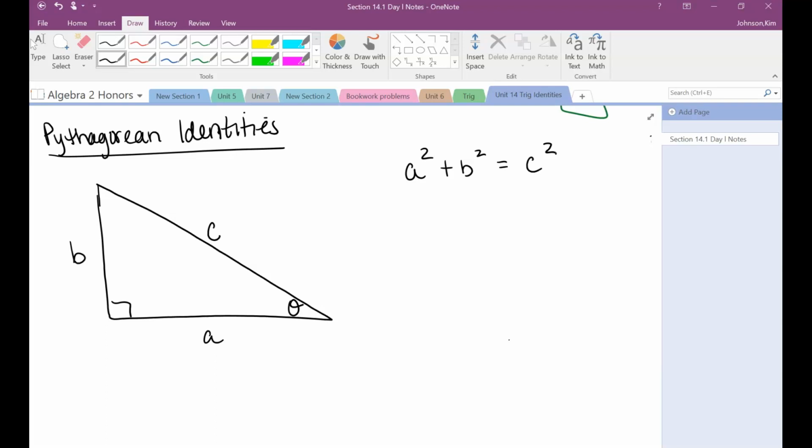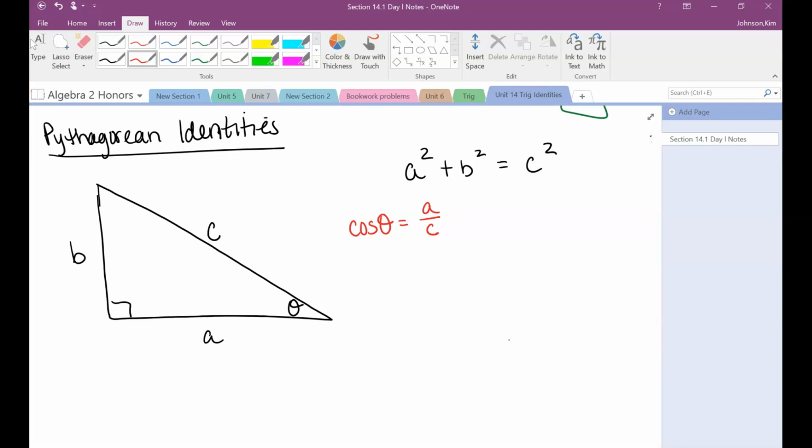Okay, so let's talk about theta, and how I could write a in terms of theta. I'm seeing a is the adjacent side, right? So if I'm looking at cosine of theta, that's going to be a over c, because cosine does adjacent over hypotenuse.